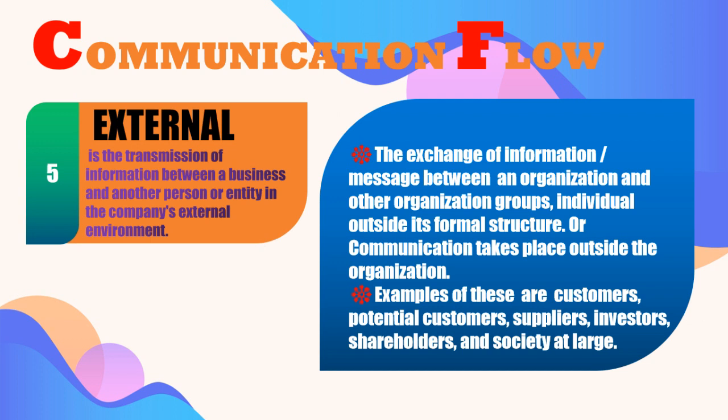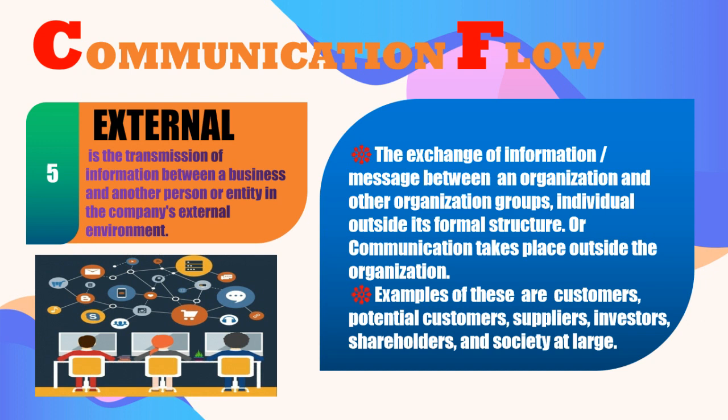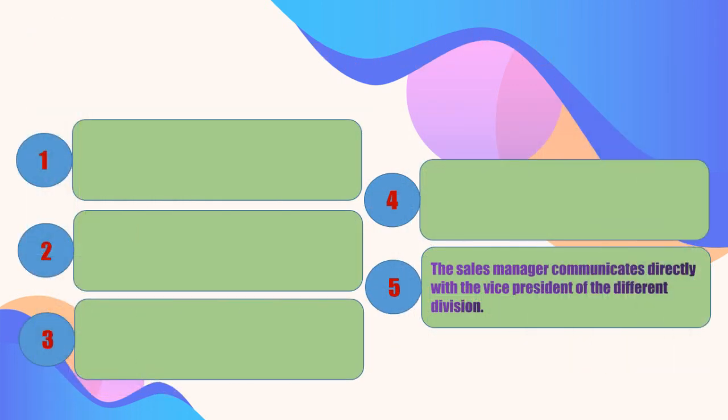The same is true with the suppliers, who need to communicate with our company. The same is true with investors, shareholders, and society at large. So those are the 5 main directions of communication flow in a workplace.